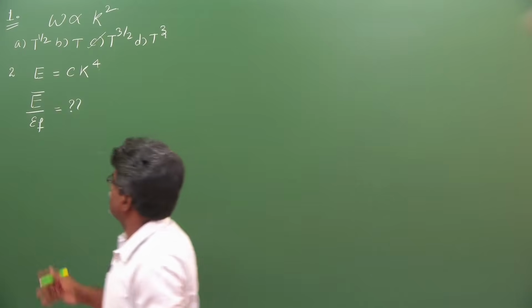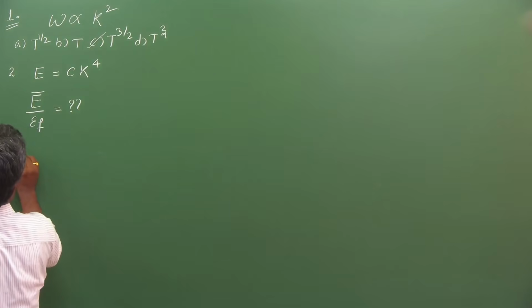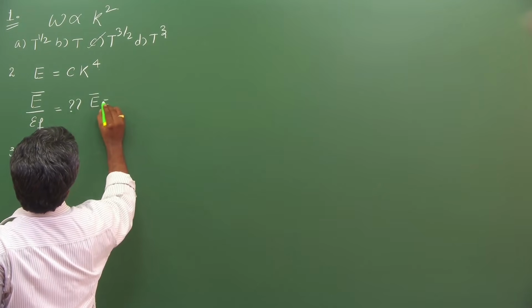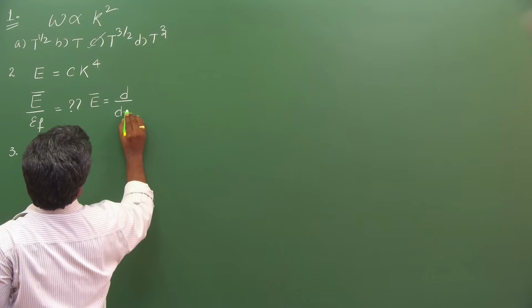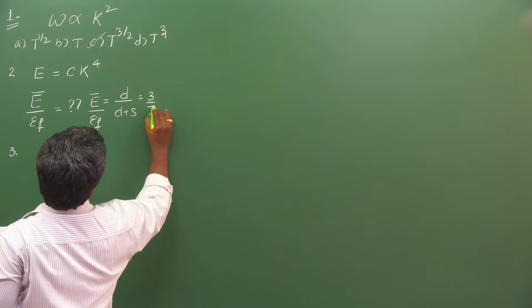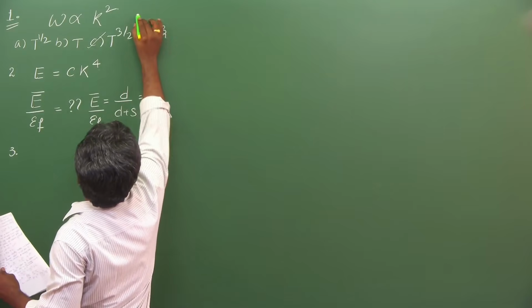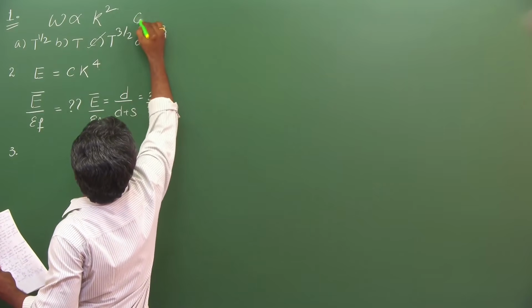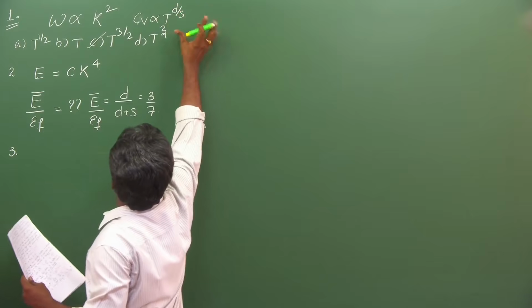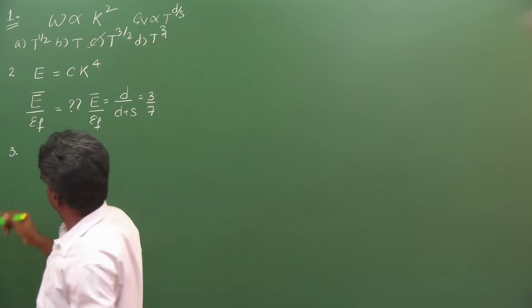So I think you know E bar equals d by d plus s, that's why this is 3 by 7, and here C_V is proportional to T power d by s. Next problem.